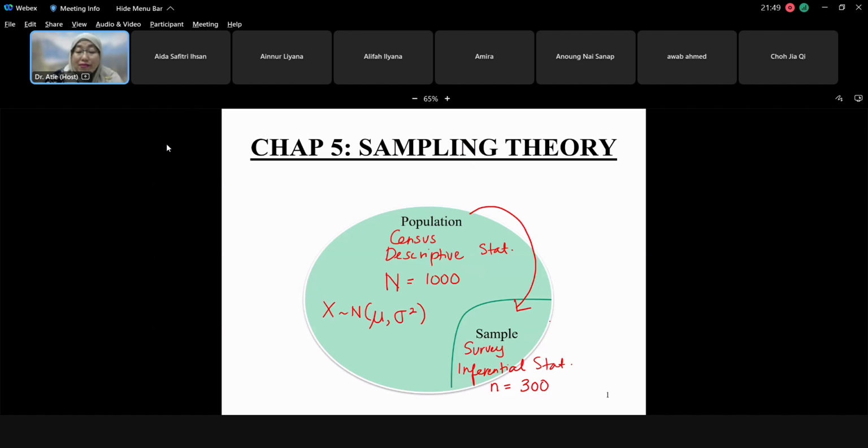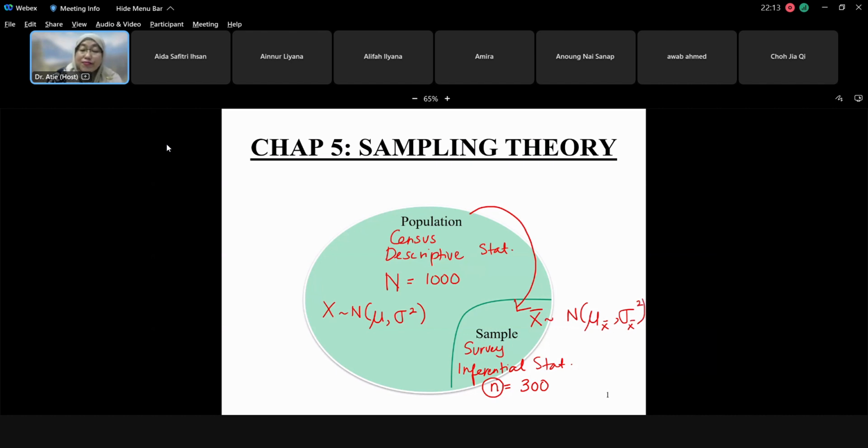So it refers to the n that we have taken from the population. So the distribution will be x, we call it x bar for the sample mean, right? And then n, mean for the sample, sigma for the sample square, right?